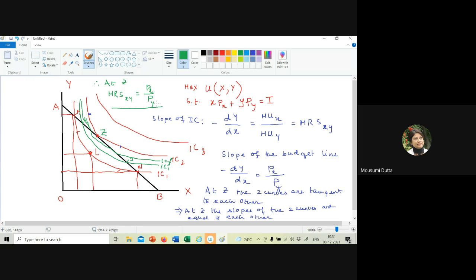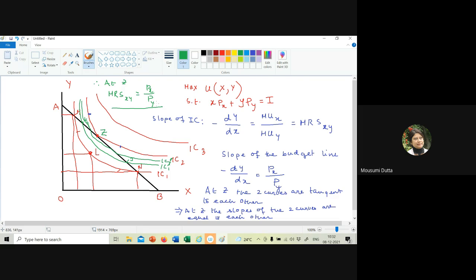At Z, the two curves are tangent to each other. This means at Z, the slopes of the two curves are equal. That means at Z, MRS XY is equal to Px by Py, and this is the required utility maximizing condition subject to the income constraint. This equality between the MRS and Px by Py gives the consumer's equilibrium.